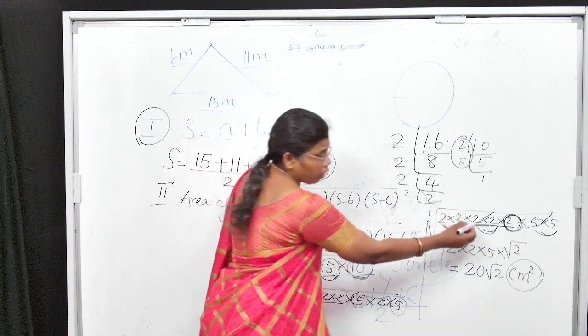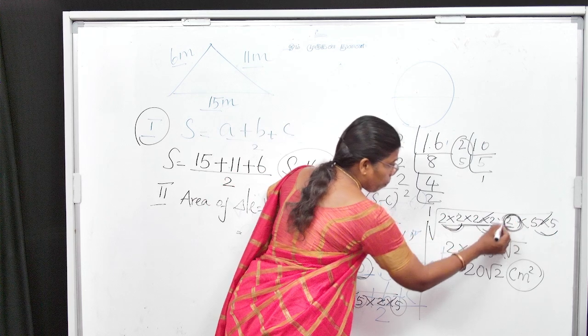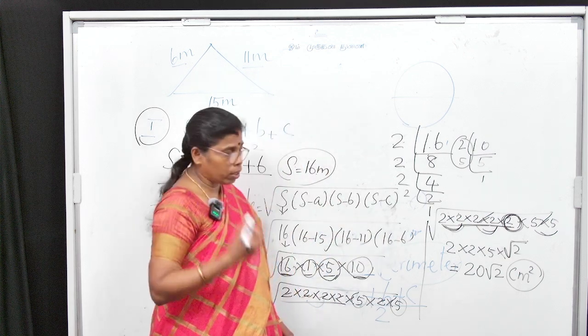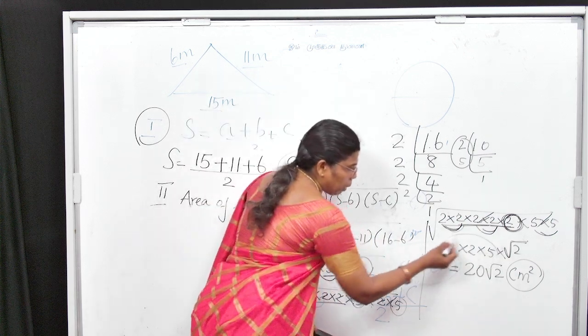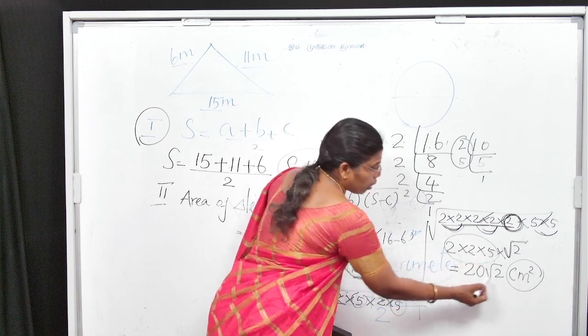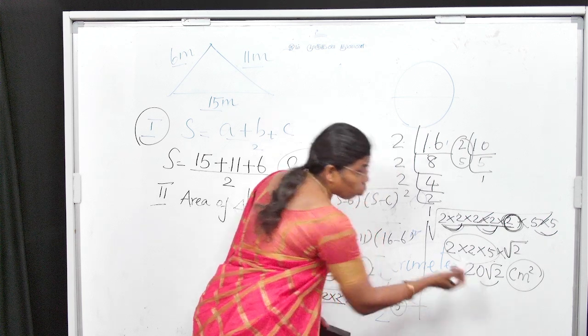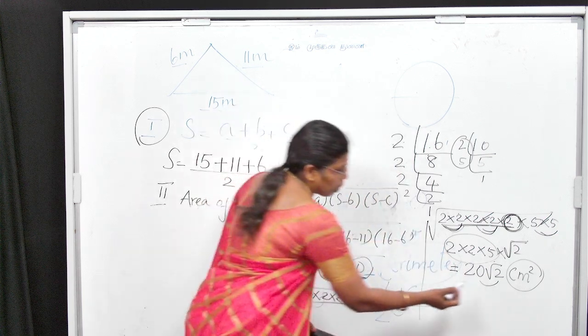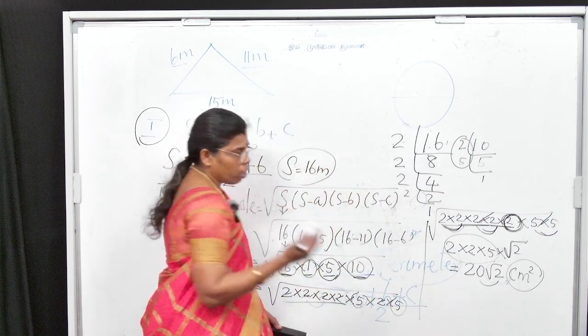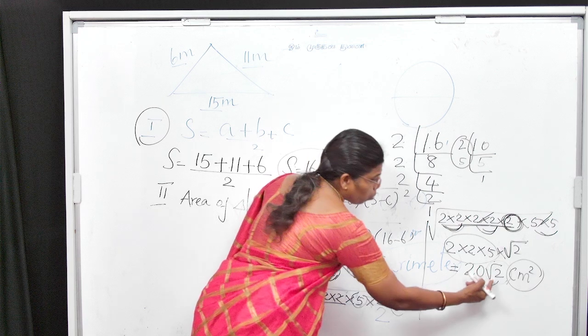So 2 and 5. This number has no pair, let it be inside the square root, don't take it outside. So this has to be multiplied. 2 2s are 4, 4 5s are 20, 20 into root 2. 20 and root 2 cannot be multiplied because root 2 is an irrational number, as you would have learnt in chapter 1. So the answer is 20 root 2 centimeters square.